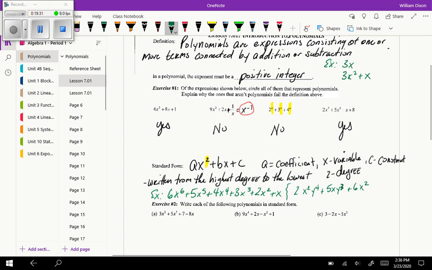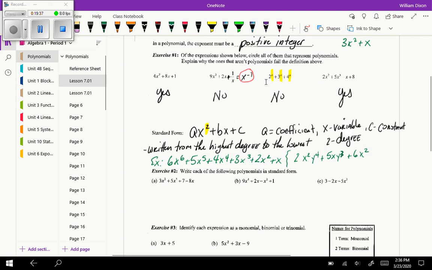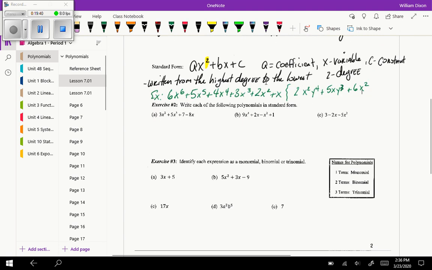All right, now, exercise 2. We're going to work on these together. It says, write each of the following polynomials in standard form. So, if I have 3x squared plus 5x to the 3rd plus 7 minus 8x, well, again, I'm writing them from highest degree to the lowest.